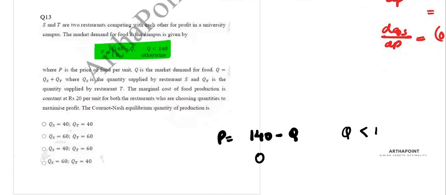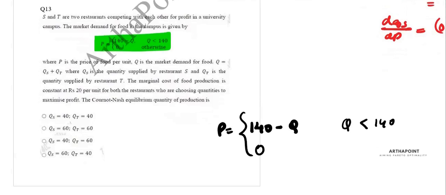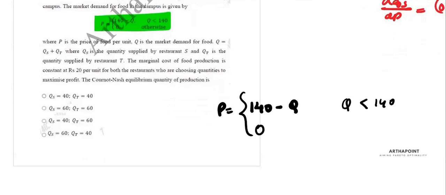It's only when quantity is less than 140; otherwise, it will be negative. And then this says that Q is the market demand. Q is equal to QS plus QT. QS is the quantity supplied by firm S.